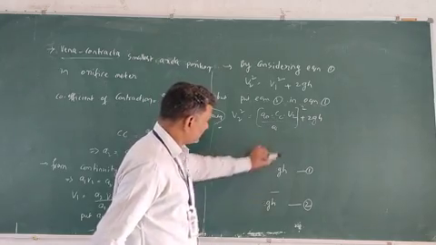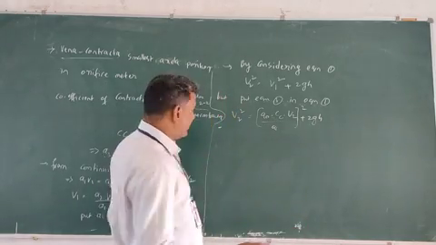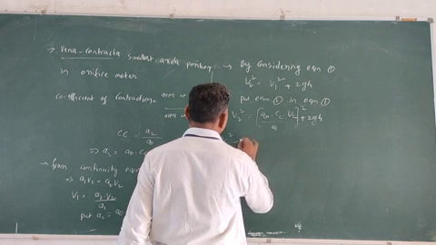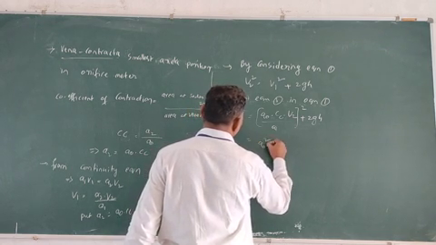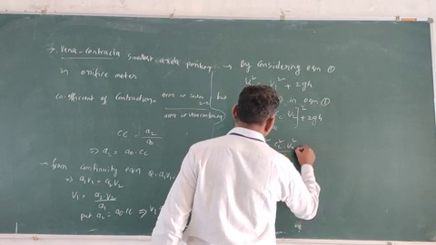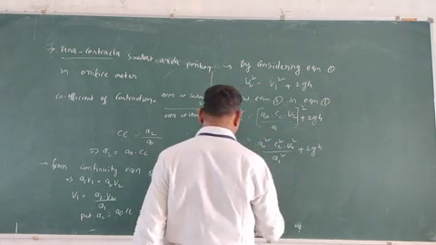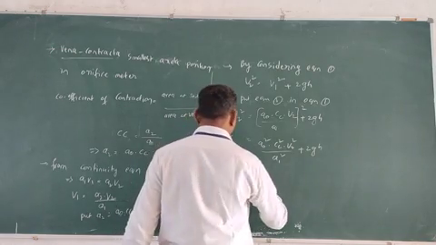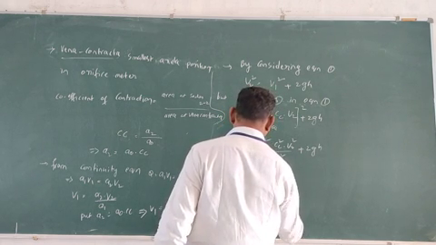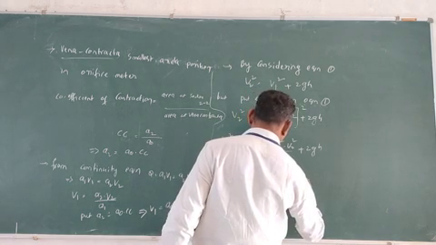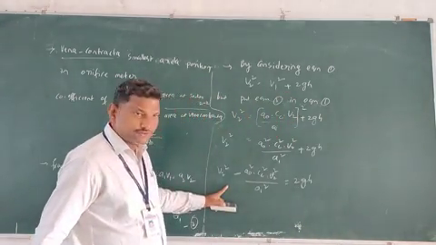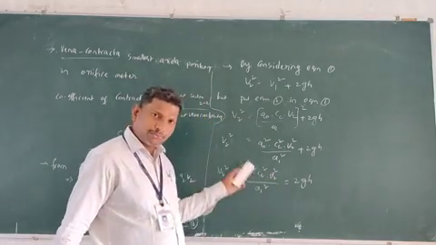Same equation. Now, V2 square is equal to A0 square CC square V2 square by A1 square plus 2gH. So V2 square minus A0 square CC square into V2 square by A1 square is equal to 2gH. Here V2 square is there, here also V2 square is there, so make it common.